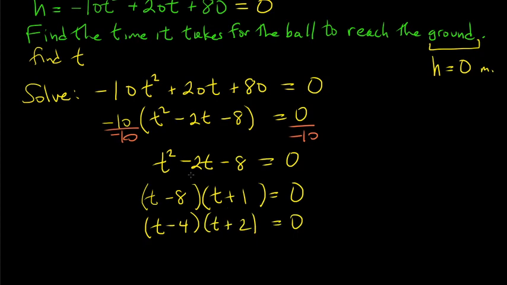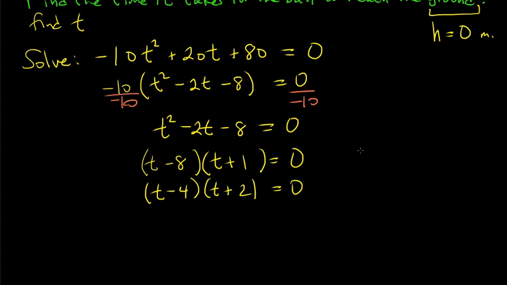Right? Negative 4 plus 2 is negative 2, and negative 4 times 2 is negative 8. So, yeah. So at this stage, hopefully it's just that obvious, right? So set them both equal to 0. And we get t is equal to 4, or t is negative 2.